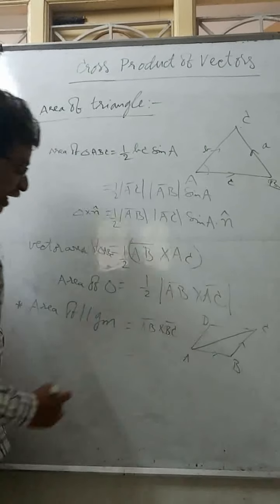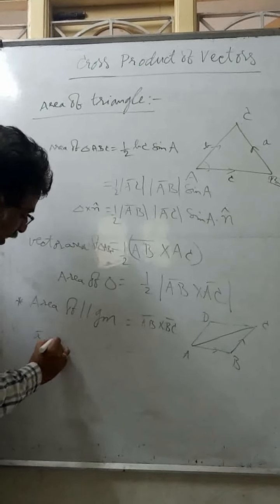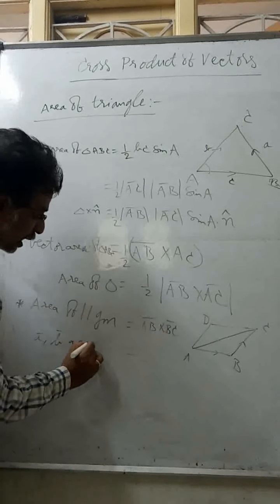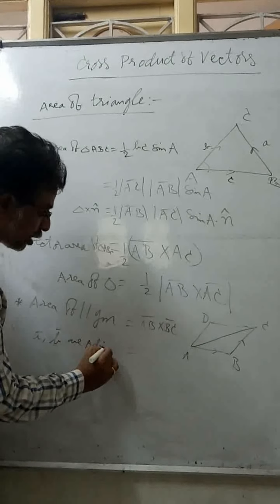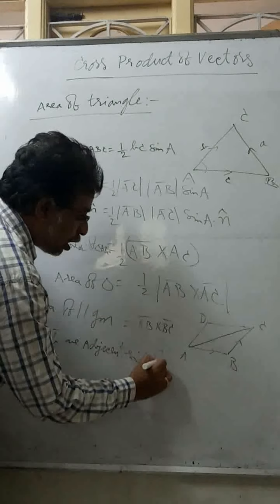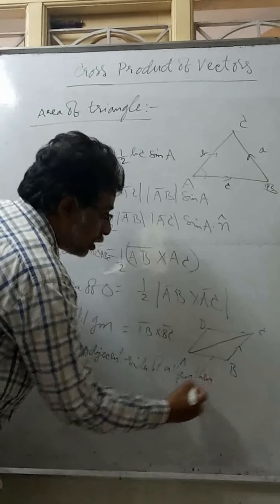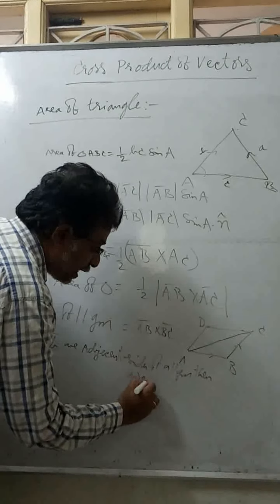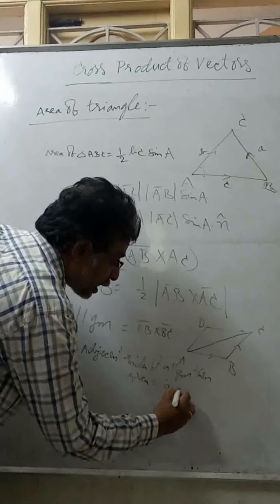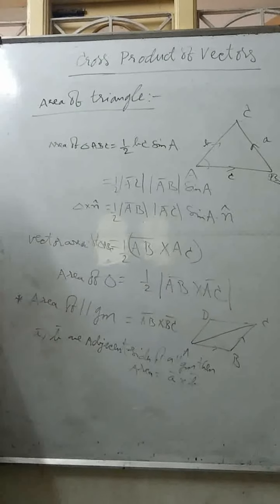So if A bar, B bar are adjacent sides of a parallelogram, then its area equals A bar cross B bar.